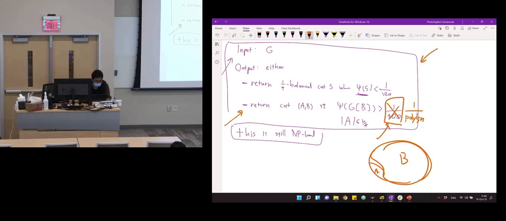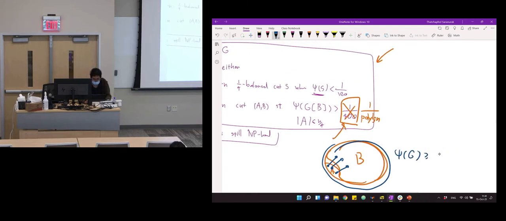If in the last round we just add a matching from A to B, then after adding this matching, the whole graph is going to have expansion 1/polylog, maybe over 4.